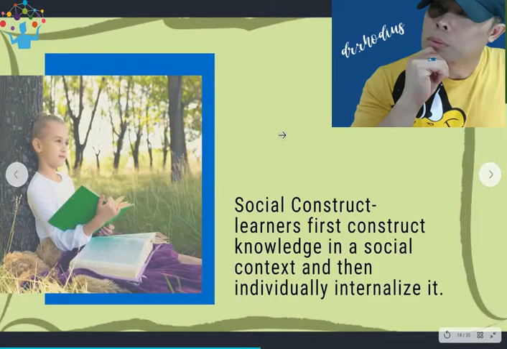Okay, next is social constructivism. When we talk about social constructivism, learners first construct knowledge in a social context and then individually internalize it. So it's not only social interaction that builds learning, but we also create an opportunity for children for introspection, a kind of reflection on their individual role in society.